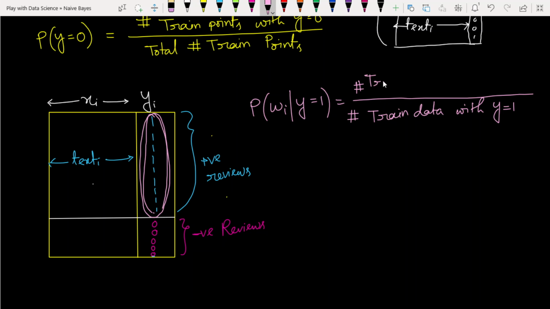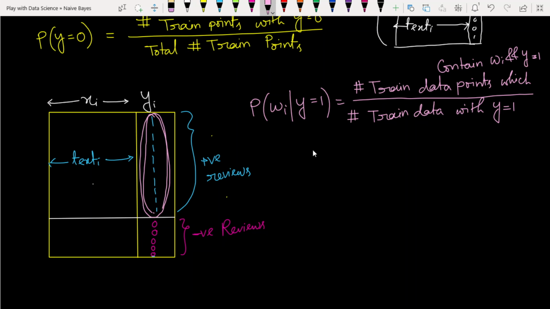So just write it down: the number of training data points which contain wi, and where y equals 1.